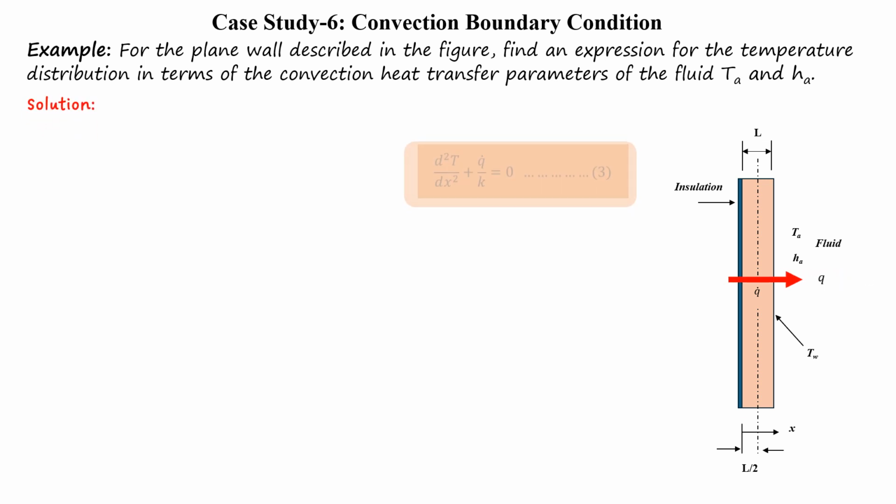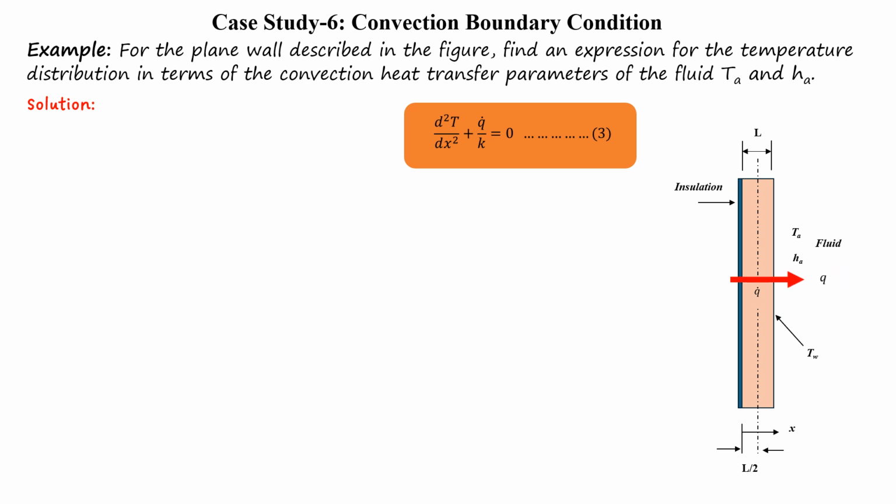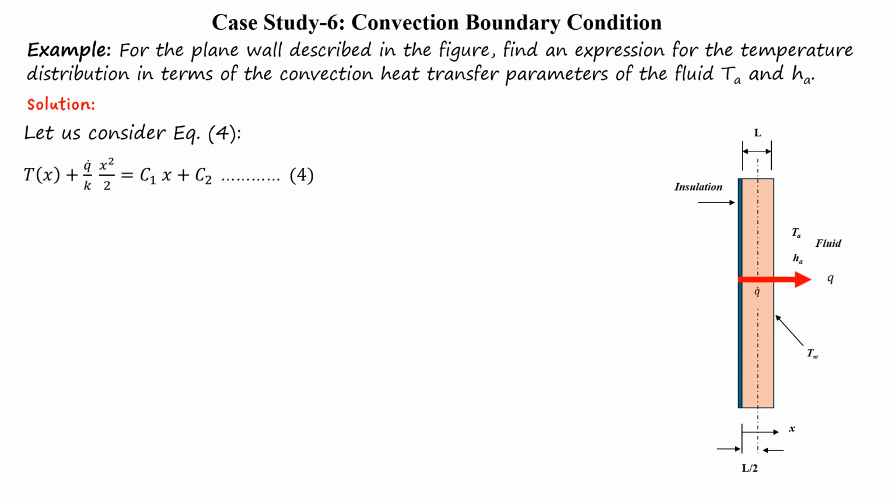For the solution of this case, we should remember the general form of the equation for heat transfer in one dimension with heat generation for steady state, represented by equation number 3: d squared T by dx squared plus q dot divided by k equals 0.